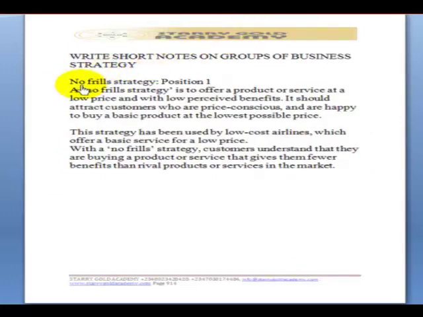Let's look at each of these 5 strategies one after the other and the positions they occupy in the strategic clock. We have position 1, that is no-frills strategy. But meanwhile, if a question says, write a short note on groups of business strategy.